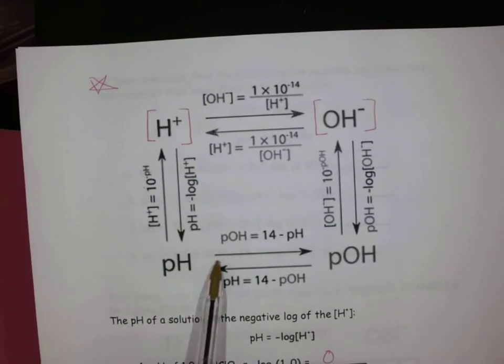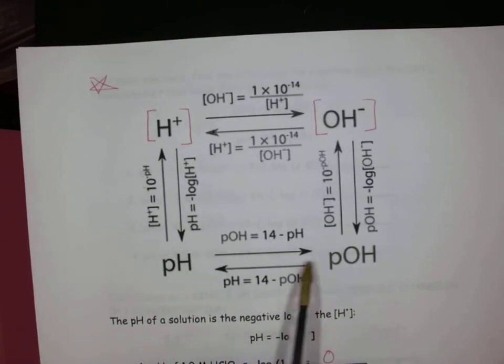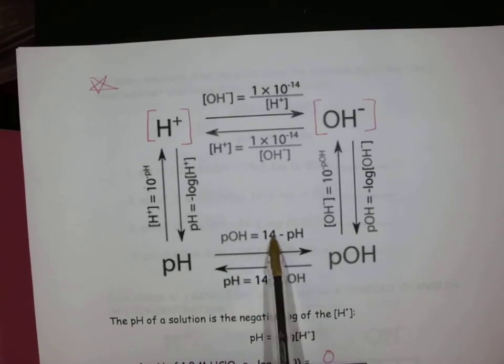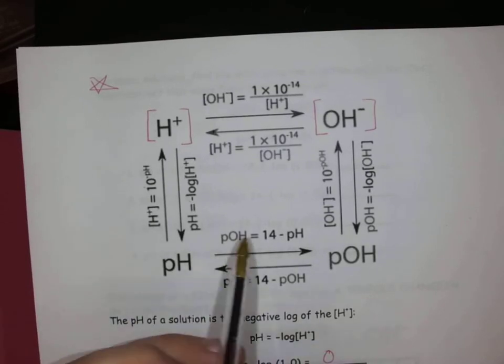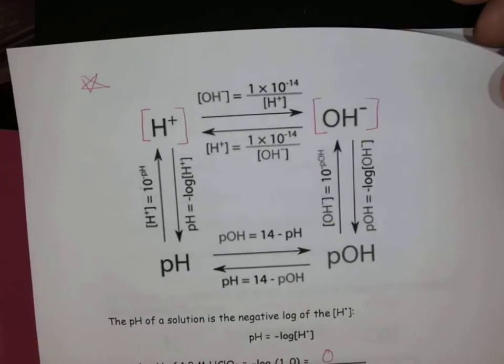But we can also go across down here. Our pH is 14 minus the pOH, and our pOH is 14 minus the pH. Okay, so we want to be able to go left and right there.